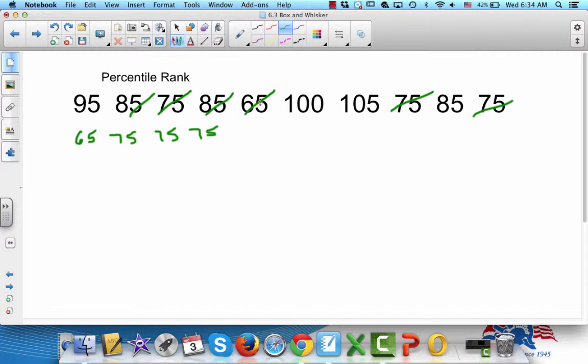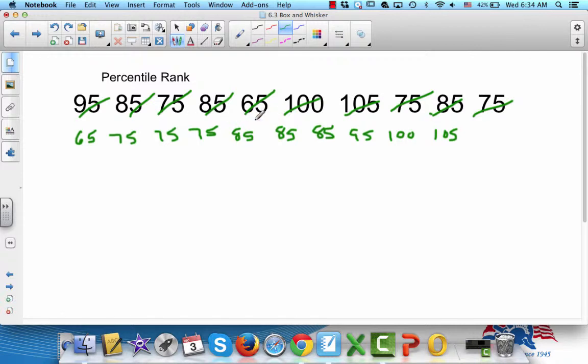And then 85, 85, 85. And then 95, 100, and 105. That's 1, 2, 3, 4, 5, 6, 7, 8, 9, 10. So we've got the right amount of numbers.